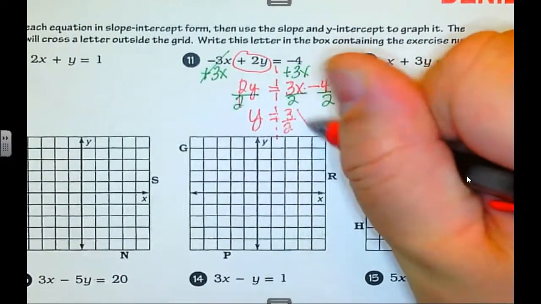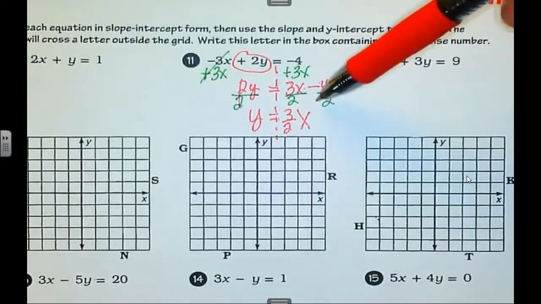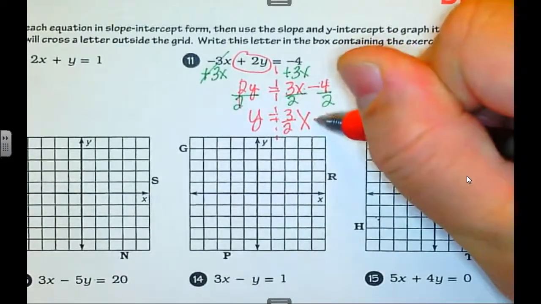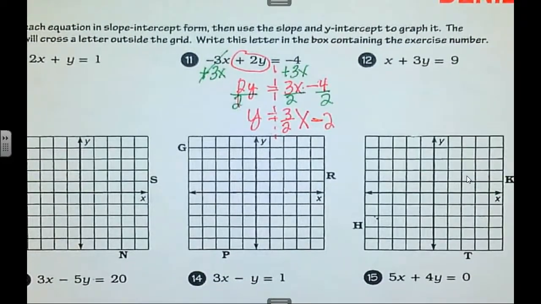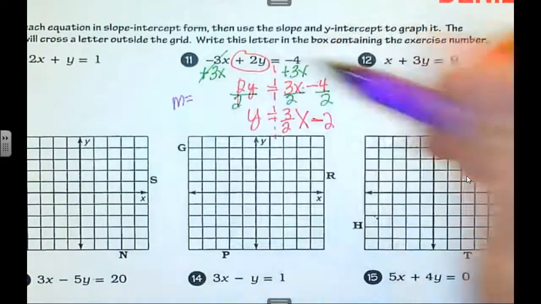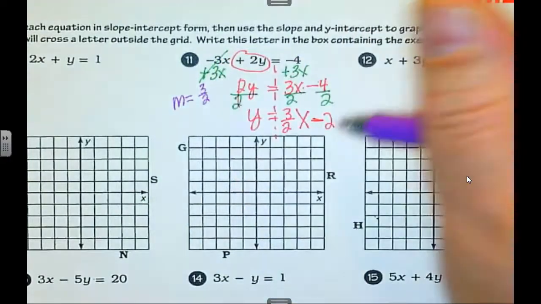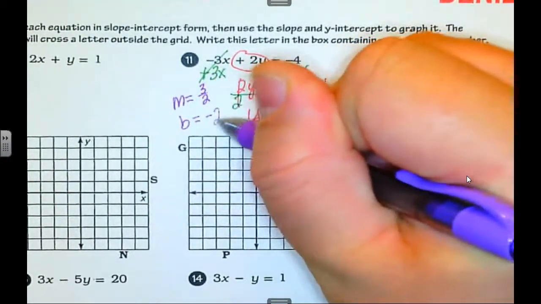I'm going to pull that x out. -4 divided by +2 is -2. So my slope is 3/2. My y-intercept is -2.